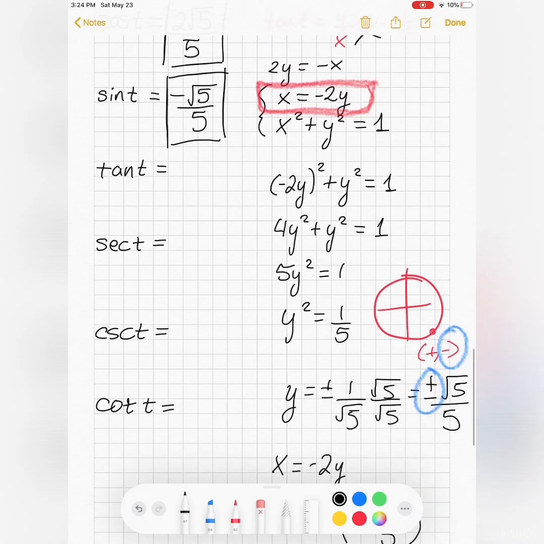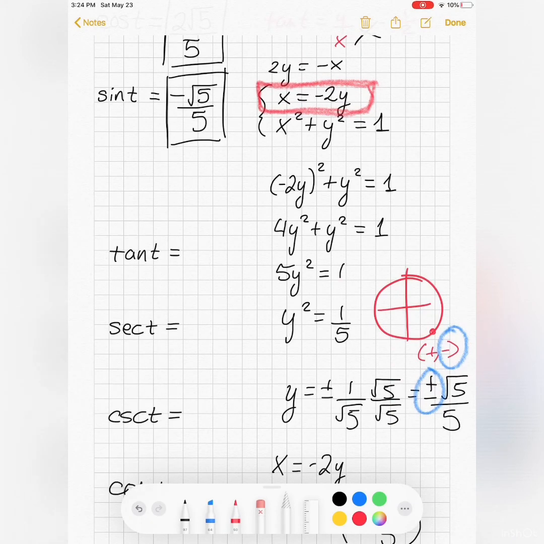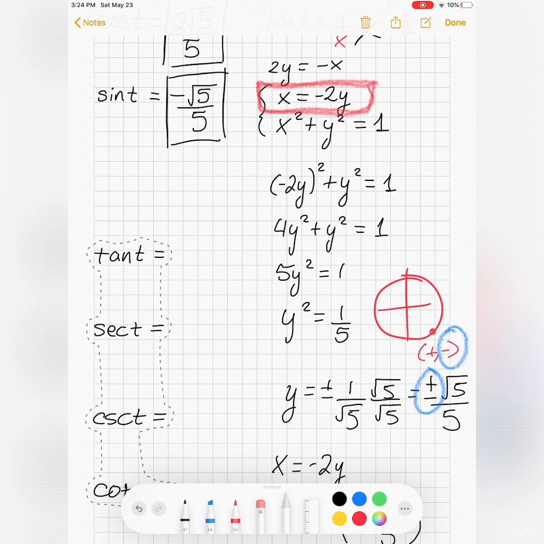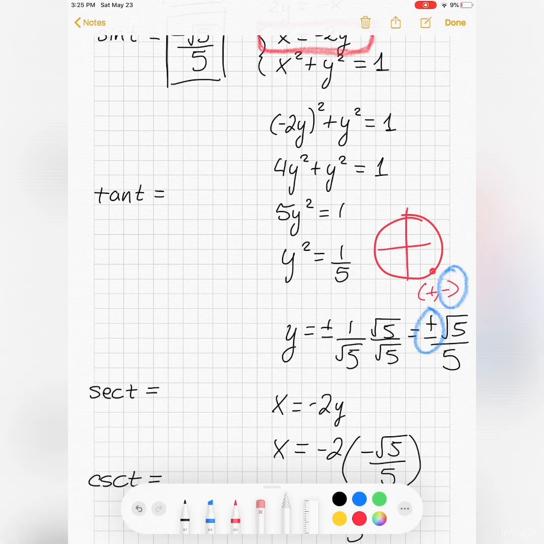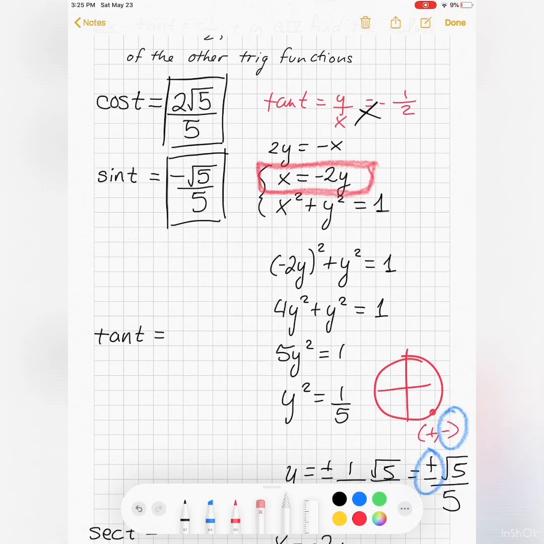And then the rest of these are just going to be ratios. So the tangent is the sine over the cosine, multiply by 5 over 5.